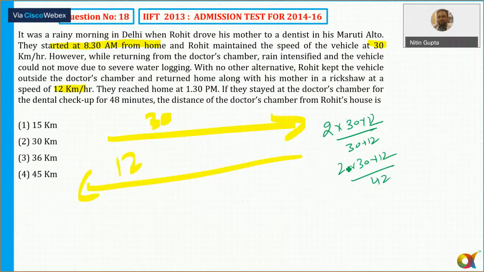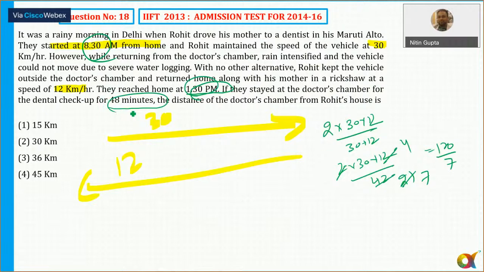So that is my average speed. They reach home at 1:30. So he starts at 1:30 और बीच में 48 मिनट से.